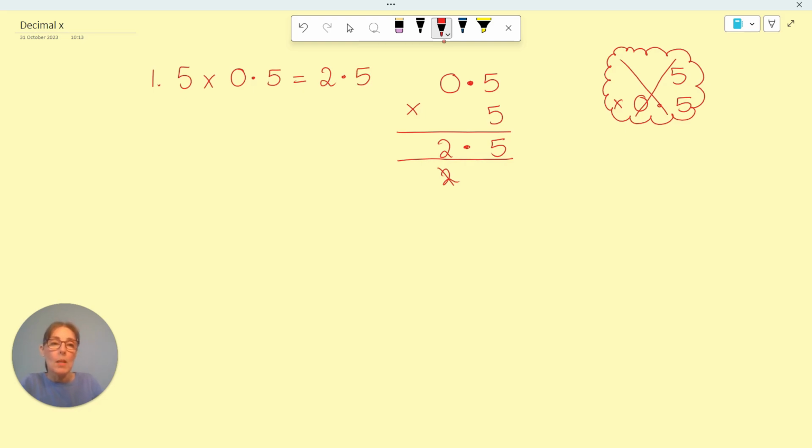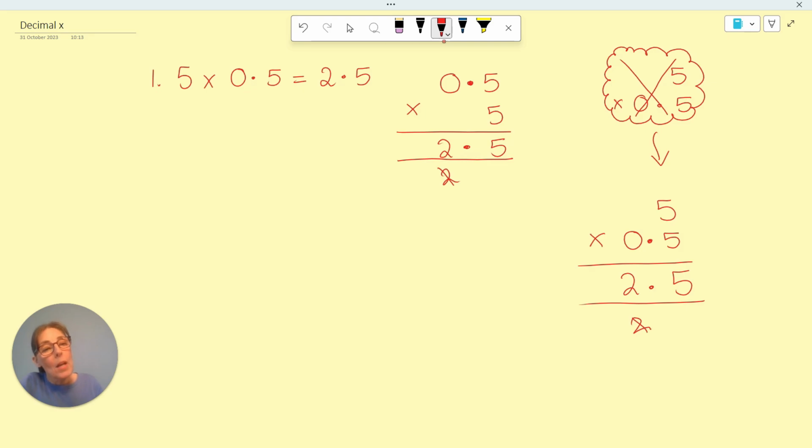Right, let's try it this way though. So 5 multiplied by 0.5. Can we do it the same? 5 times 5 is 25. 5 times, there's a 0 there. 0 plus 2 is 2.5. But this shouldn't be there.